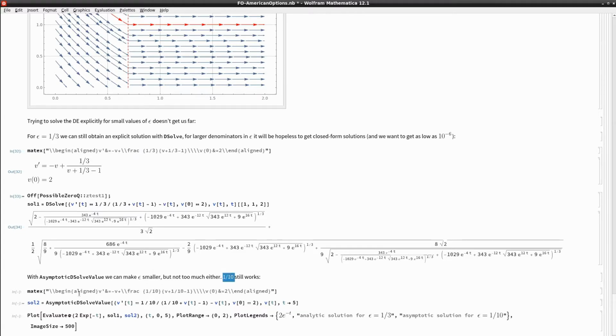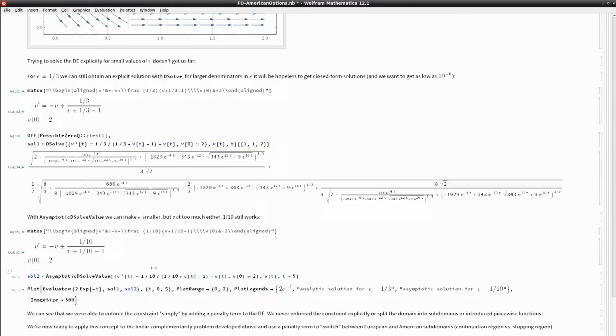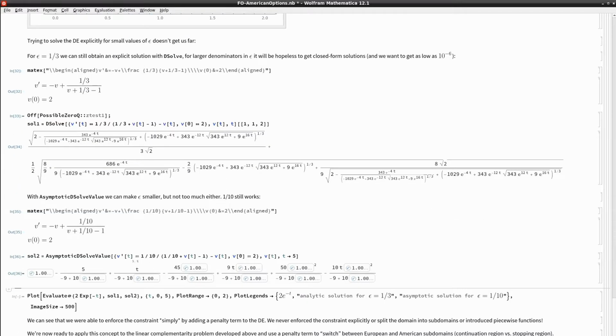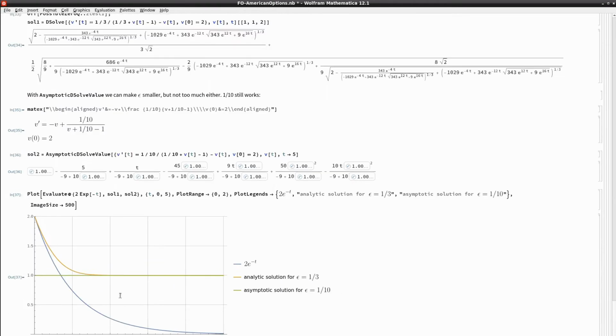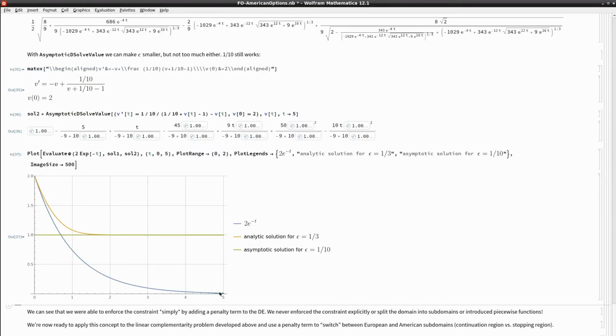For 1/10, I can still use the relatively new function AsymptoticDSolveValue, and I'm getting a function here that basically is our constant 1. We can see that here. So let's plot them together, and we can see that for epsilon 1/3 we get a bad solution in orange. For epsilon 1/10 we get a solution that is pretty decent for larger values of t, right? We're getting the constant here.